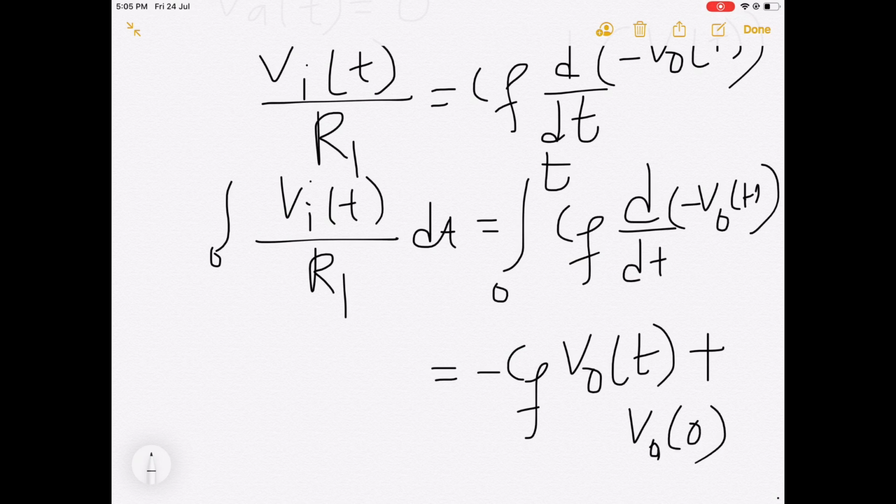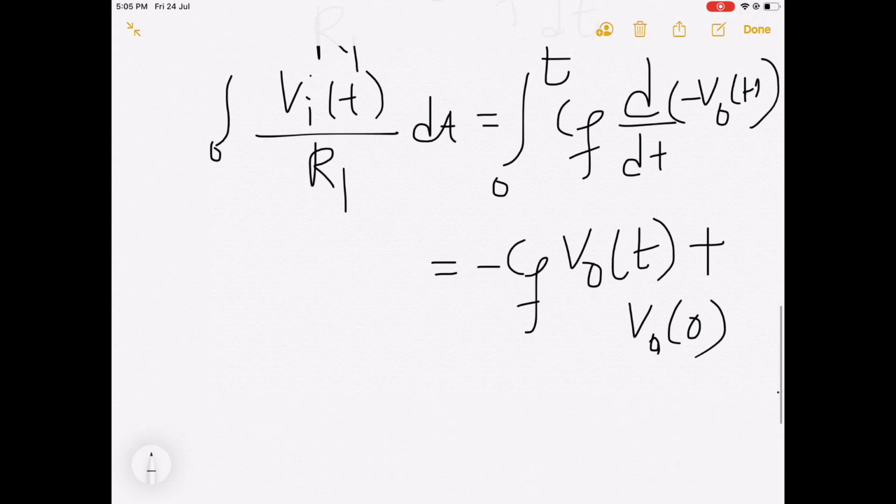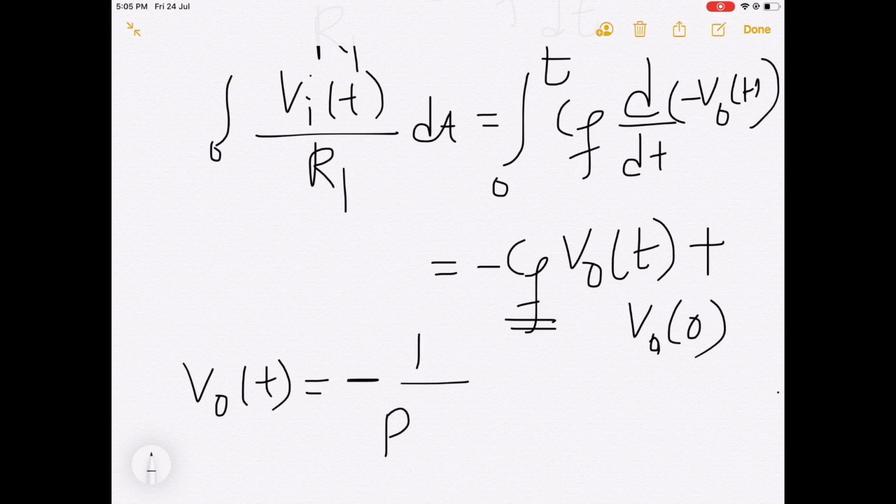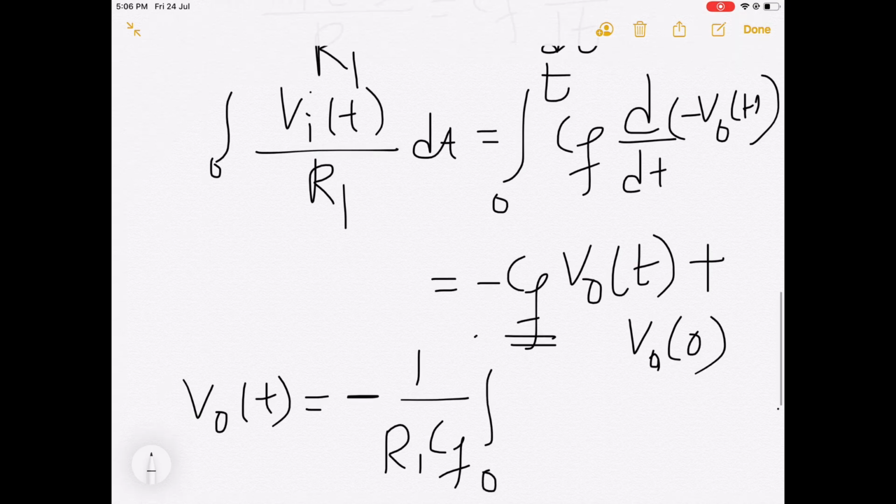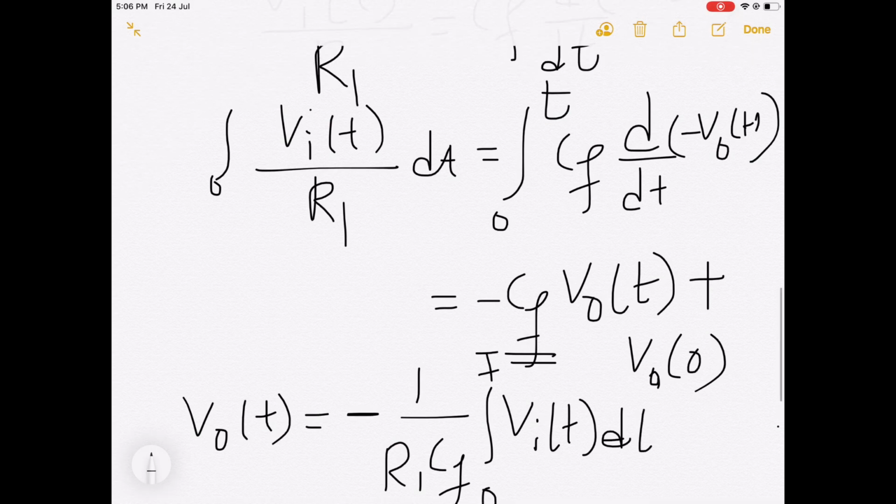Therefore Vo of t is equal to minus, this Cf will come to the left hand side, so minus 1 upon R1 Cf integration of 0 to t Vi of t dt plus Vo of 0.